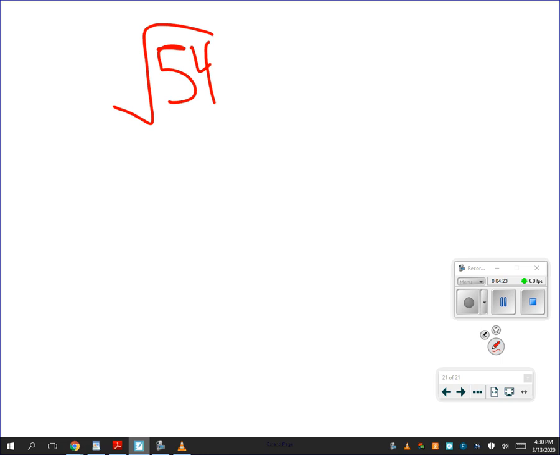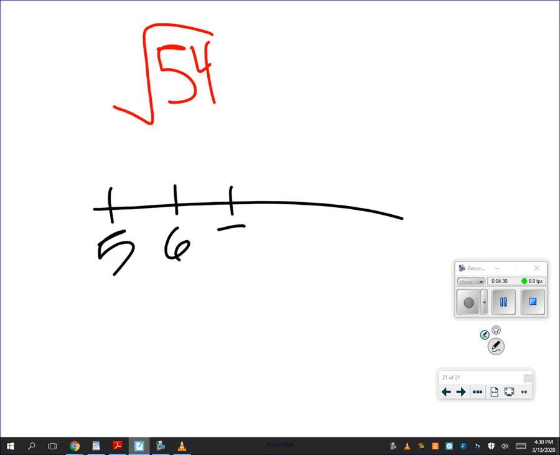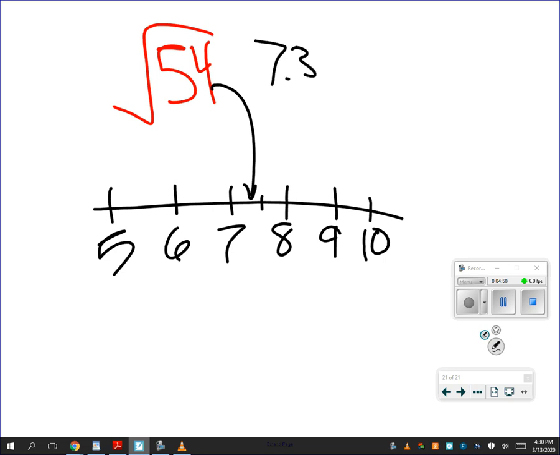I can't pinpoint its exact address, but on a number line, starting at 5, here's 6, 7, 8, 9, and 10, it lives somewhere there. It's not halfway, because that would be 7.5 something. This is about 7.34, and I put the dot, dot, dot, meaning it goes on forever and never repeats. So we can get close, but we can never get the true home for it.